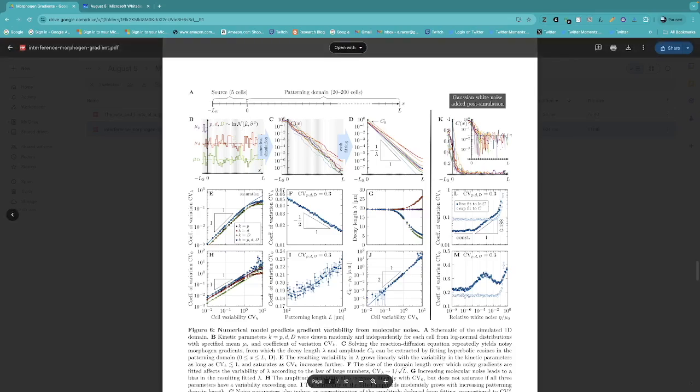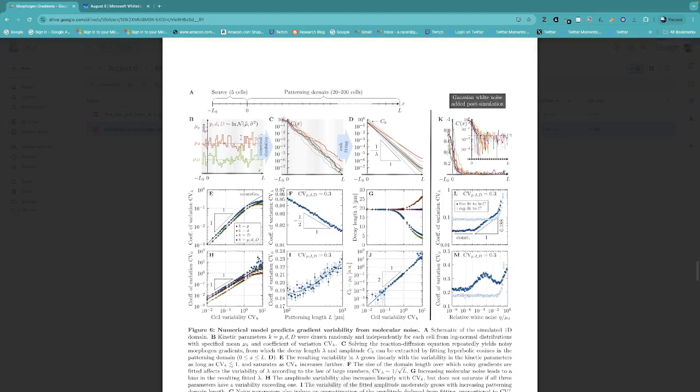You get the source, which is 5 cells here, and then the patterning domain, which is 20 to 200 cells down here. You see this numerical simulation here, the coefficient of variation, and this shows the results for cell variability and patterning length.